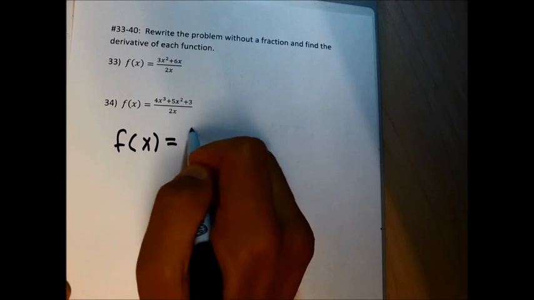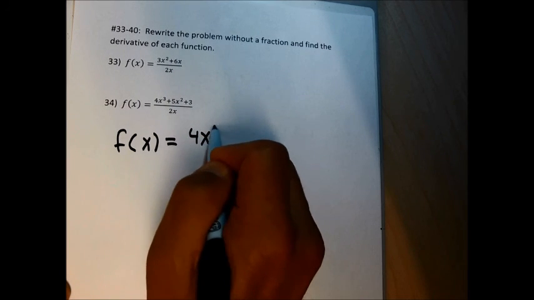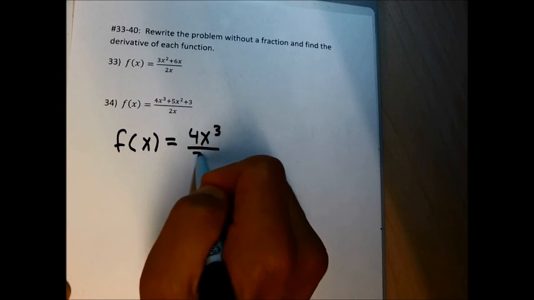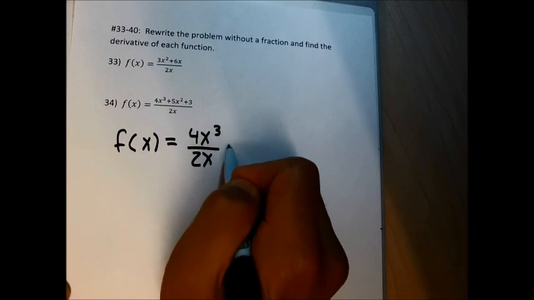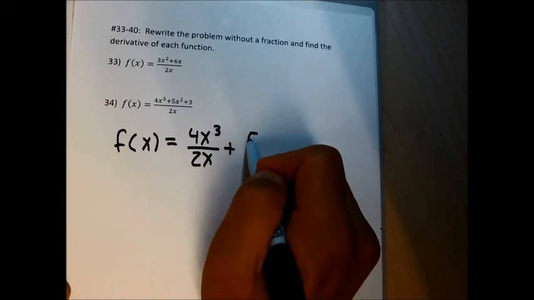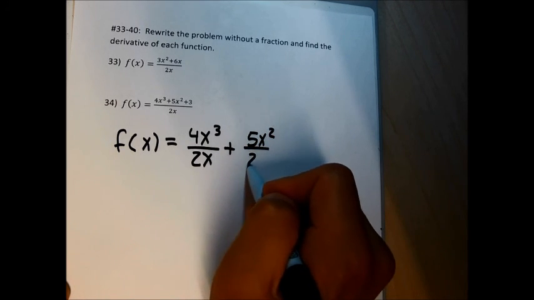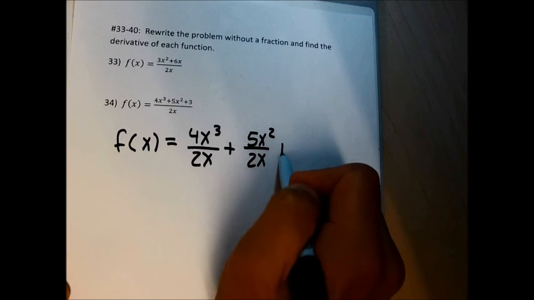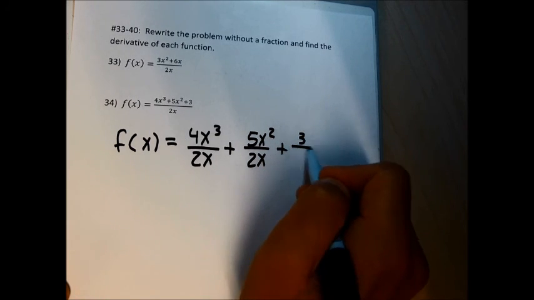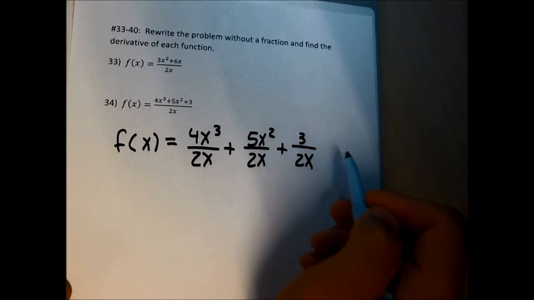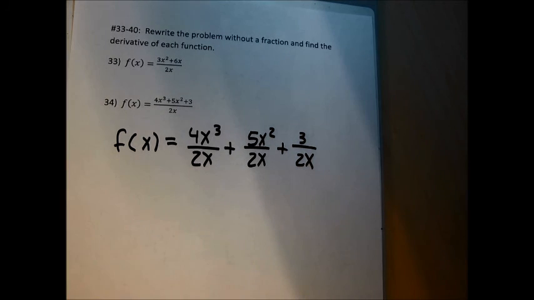So to rewrite the problems, I need to make my fraction into 3 fractions because the numerator has 3 terms, and we can always rewrite a fraction by taking each term in the numerator and writing it over the entire denominator. And when the denominator just has 1 term, that's a real productive thing to do.